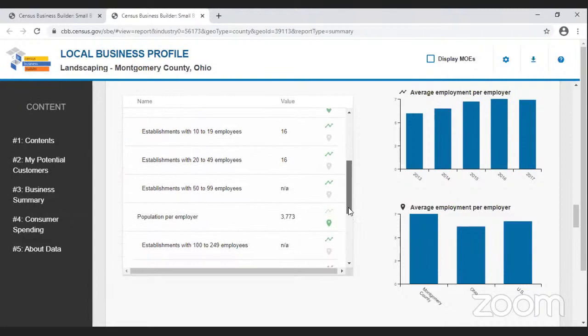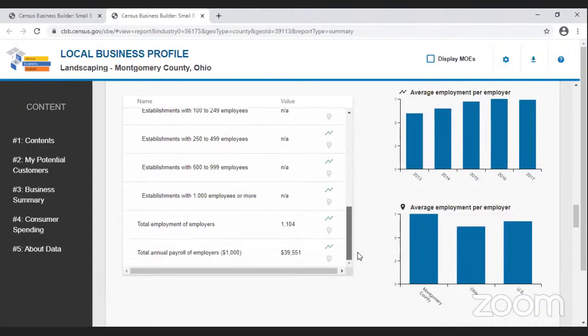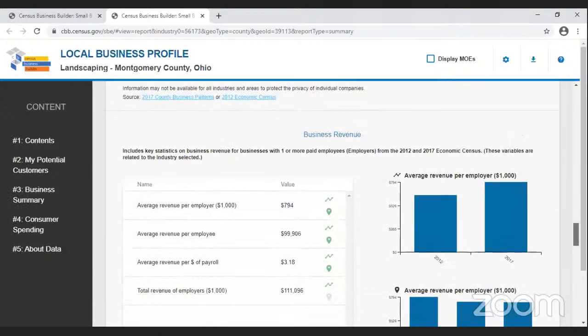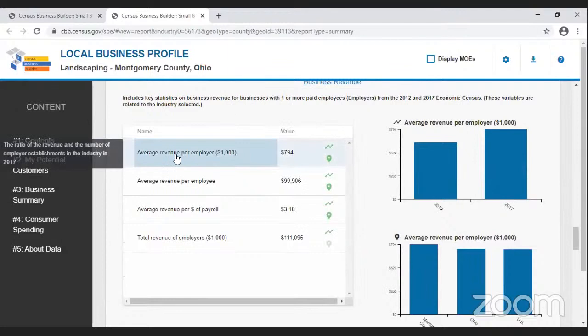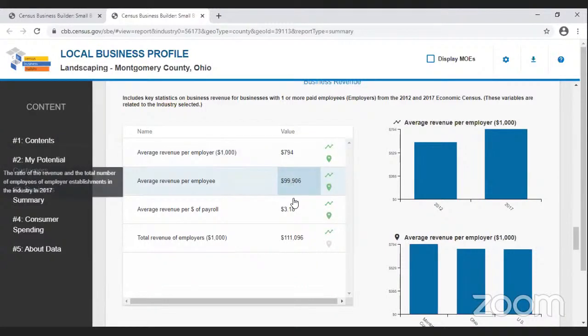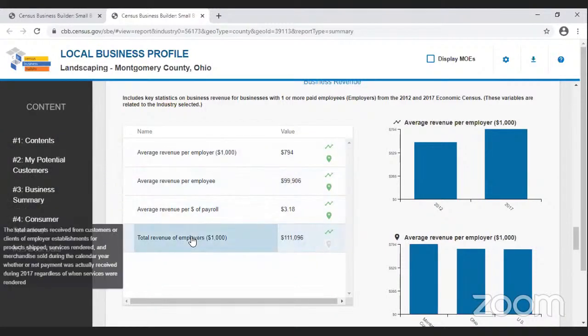How many employees? And then you've got some of the ratios. Average revenue, 794 million or 794,000. Payroll, total number of total revenue of employers.